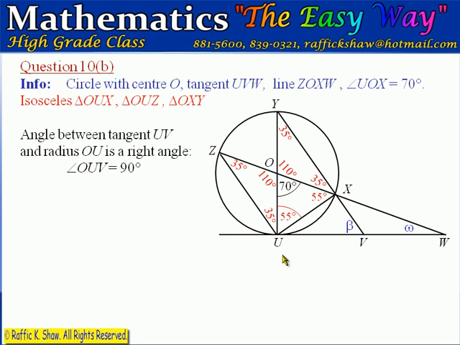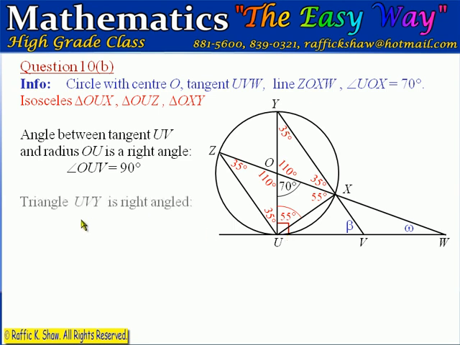So we can go ahead and show that angle OUV is 90 degrees, and therefore this is a right angle triangle. This triangle here, YUV, is a right angle triangle, and therefore this angle and this angle must add up to 90 degrees, because this angle is 90 degrees.